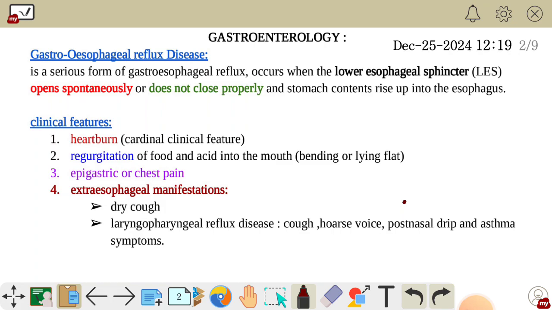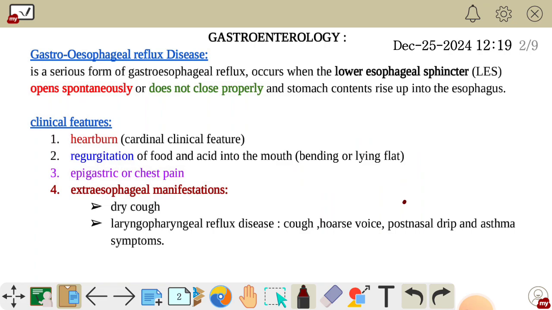Apart from that, we have regurgitation of food and acid into the mouth. This is mostly severe when the patient bends or lies flat, so the contents will easily rise up into the esophagus. That's why it is exacerbated by bending or lying flat.